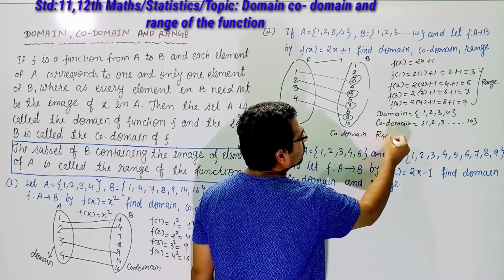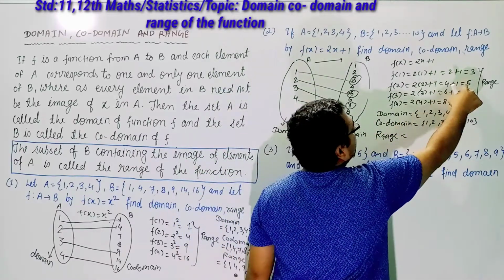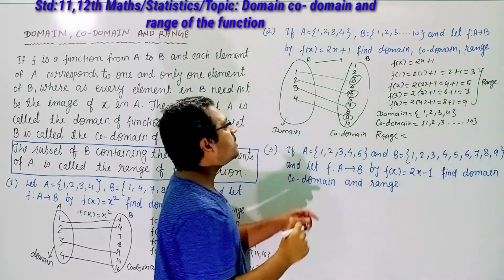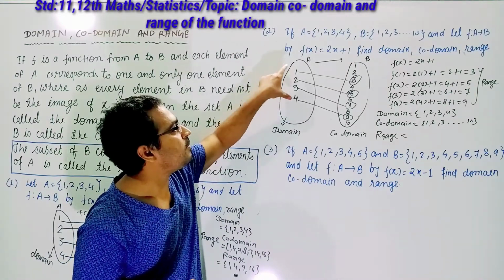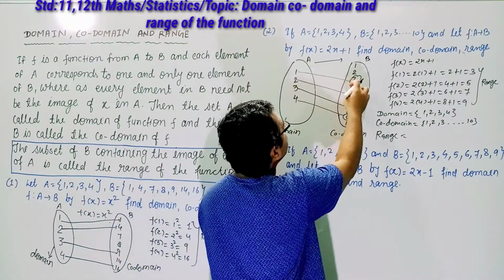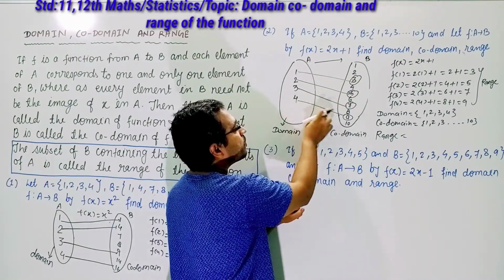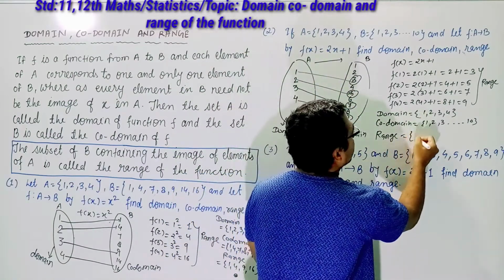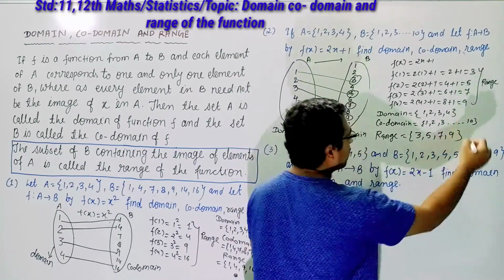And the range of this function is 3, 5, 7, 9, meaning the images of the elements of A. The range of the function is the image of the elements of A. So the image of 1 is 3, image of 2 is 5, image of 3 is 7 and image of 4 is 9. So the range is 3, 5, 7, 9.